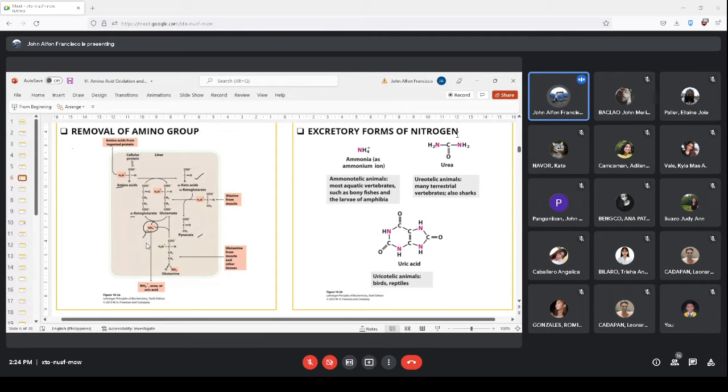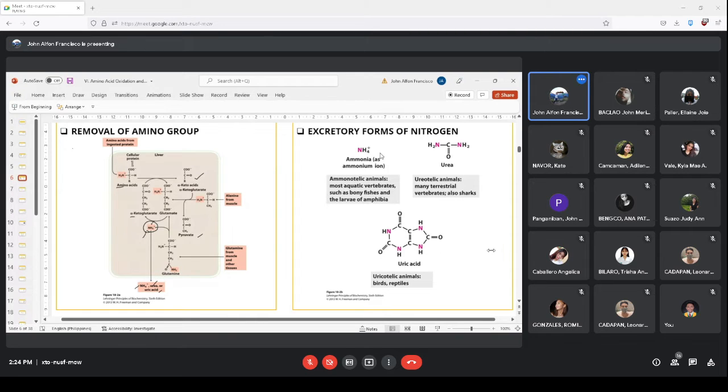And it will undergo the urea cycle for the excretion of it. It will be either excreted as ammonia itself or urea or uric acid. That depends on the organism na mag-excrete nito. Okay? And, ayan. Okay? So excretory forms of nitrogen, ayan.